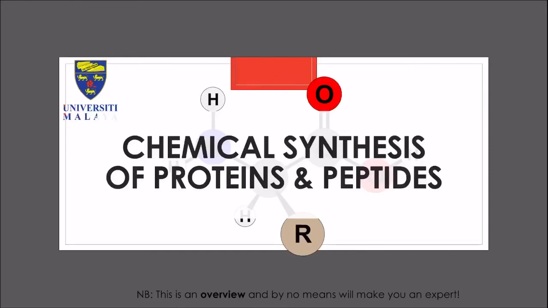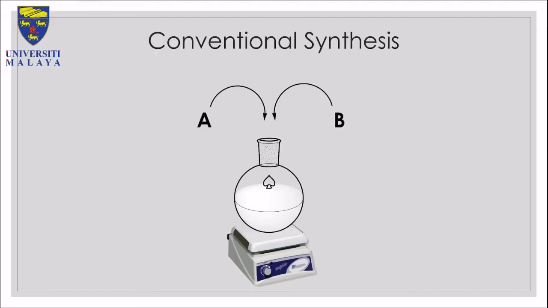Now, we've looked at the structure of proteins. We looked at a little bit, very basic, on the function of protein. We also looked at how denaturation of protein can occur. So let's go to the chemistry bit, which is chemical synthesis of proteins and peptides. Okay, so protein and peptide synthesis can occur via conventional synthesis.